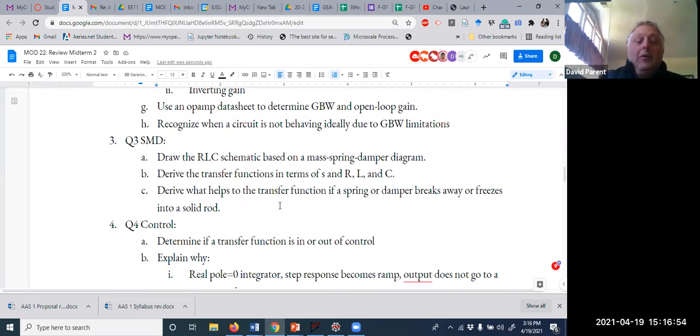All right, so the mass spring damper, spring mass damper. You're going to get a picture and you need to draw the RLC schematic. And that means labeling it. What's V out? What's the VX, VY?